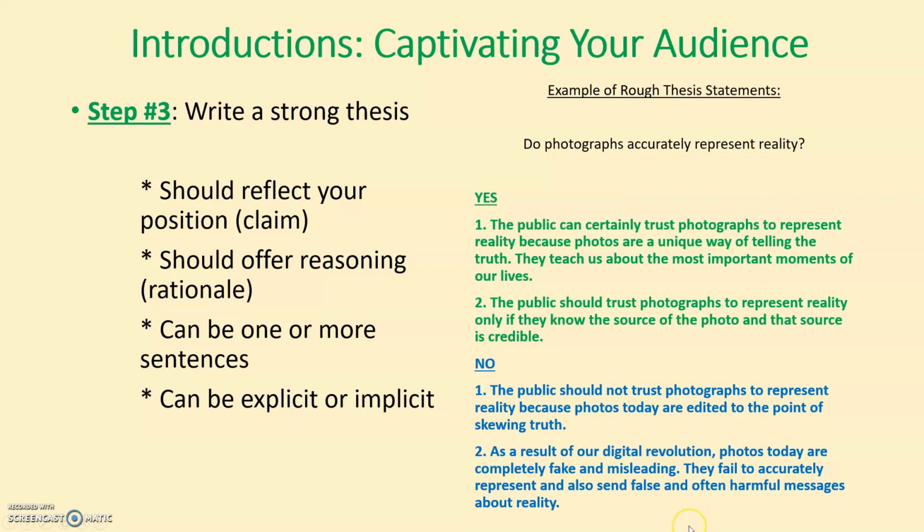So again, I have a 2-part rationale. So not only do they inaccurately represent reality, but they also send false messages about reality. And we basically call that harmful. So I wanted to give some sample thesis statements just so you guys can see, even though we did this in the thesis workshop, I think you can never have too many examples.